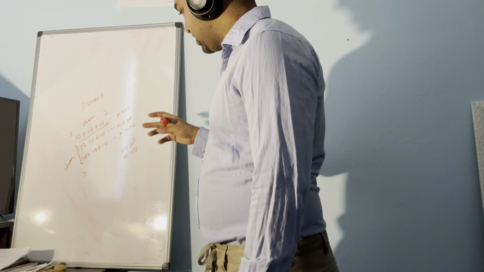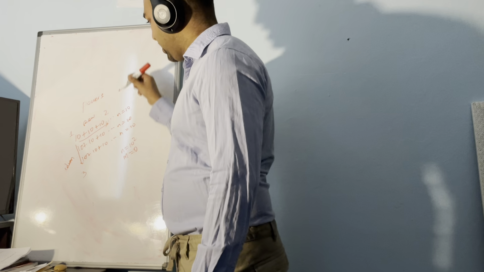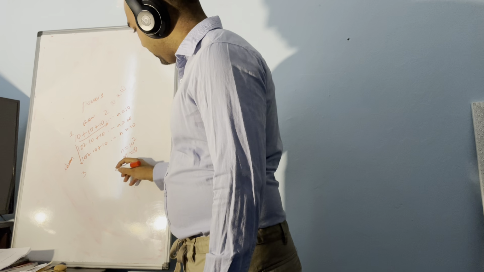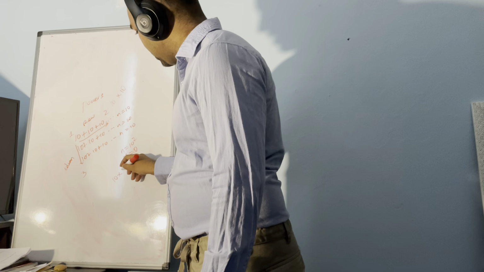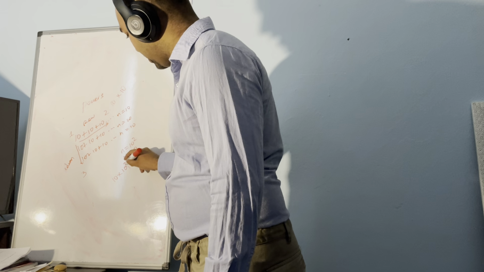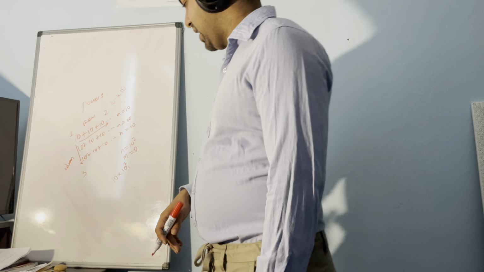So 10 plus 10 equal 10 times. And so for squared we have 10 times 10. And for cube we have 10 times 100, or we have 10 times 10 squared.